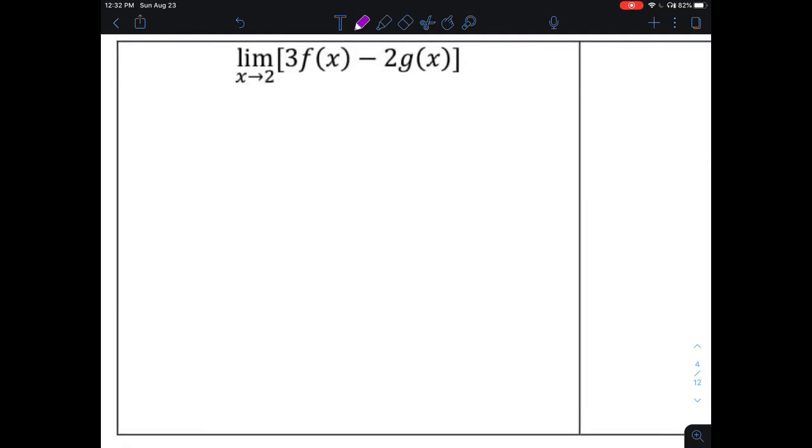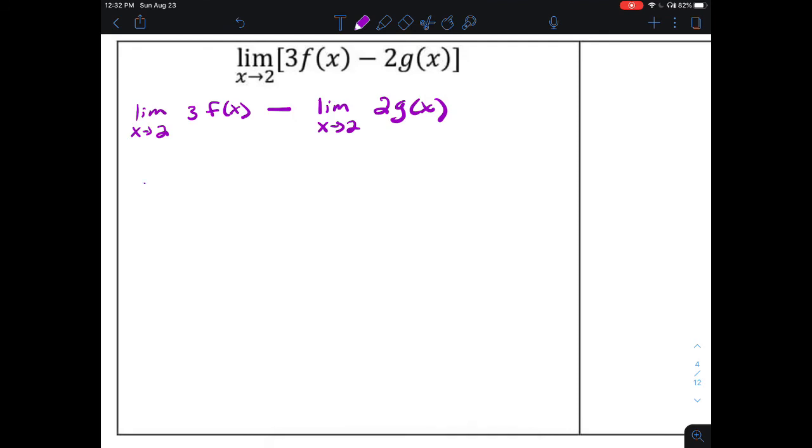So looking at this first one, I need to break everything apart. I can first break apart the subtraction, and our properties of limits say that if you have the subtraction of two functions, you could evaluate their individual limits and subtract them. So I'm going to rewrite it as the limit as x approaches 2 of 3 times f of x minus the limit as x approaches 2 of 2 times g of x.